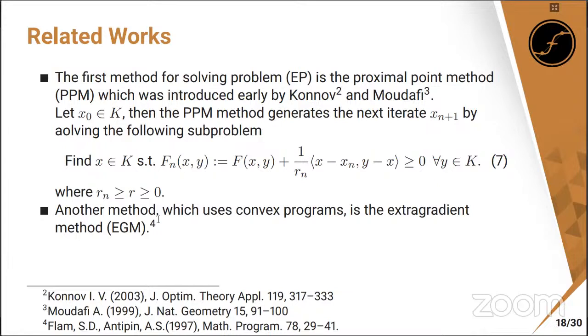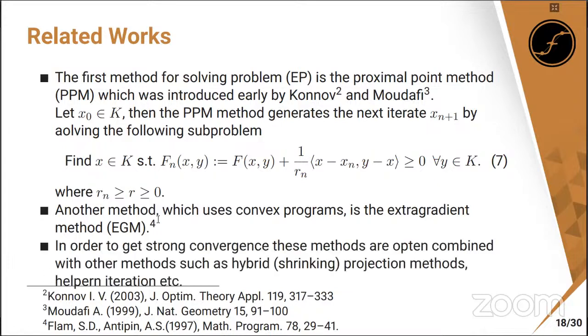That is, if you are dealing with the problem in a Hilbert space, the convergence you normally obtain is not strong convergence, but rather weak convergence, unless you add some additional condition. So in order to get strong convergence, what is normally done is you sometimes combine these two methods with other methods, such as the hybrid projection method, Halpern iteration, and so on.